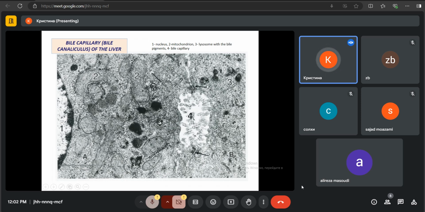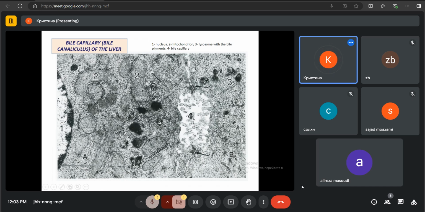So these arrows, this one and this one, point to the complex of junctions, including tight junctions, which seal here the two membranes of two adjacent hepatocytes, which make this bile capillary, to ensure that bile will stay here and will not leak between the cells to the sinusoidal blood capillary. So on the left, we see the part of the cytoplasm of first hepatocyte, and on the right of the second one.